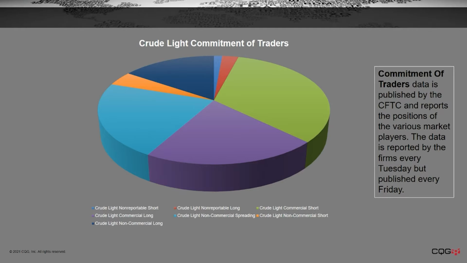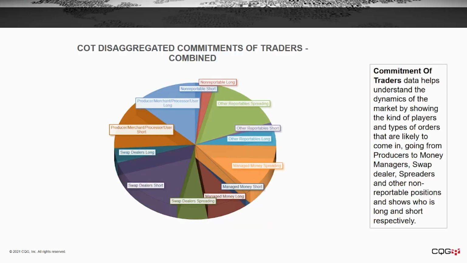However, it's published every Friday, which means that this gives us a delayed view of who is doing what in the market. Although it's not really to be used in a systematic way due to the delay in the release, it helps us understand the dynamics of the market, as it will show the kind of players, the type of orders that are likely to come in, and the trading patterns of that market.